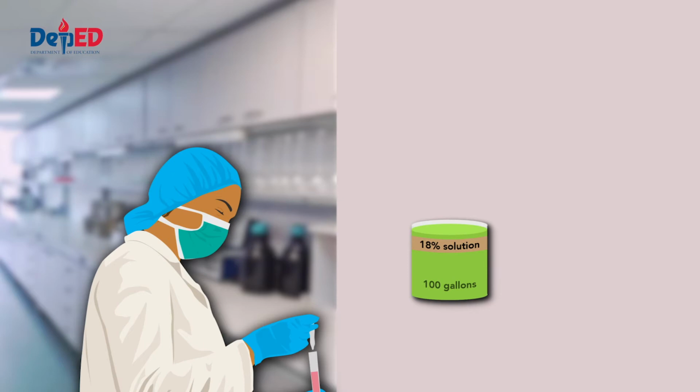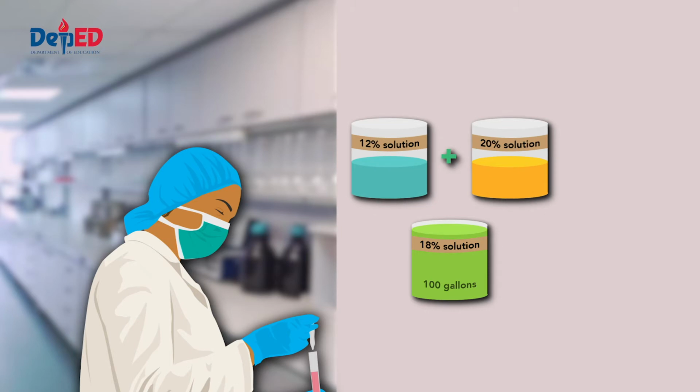Now, let us use what we know to solve the problem involving mixtures. A lab needs to make 100 gallons of an 18% acid solution by mixing a 12% acid solution with a 20% acid solution. How many gallons of each solution are needed?